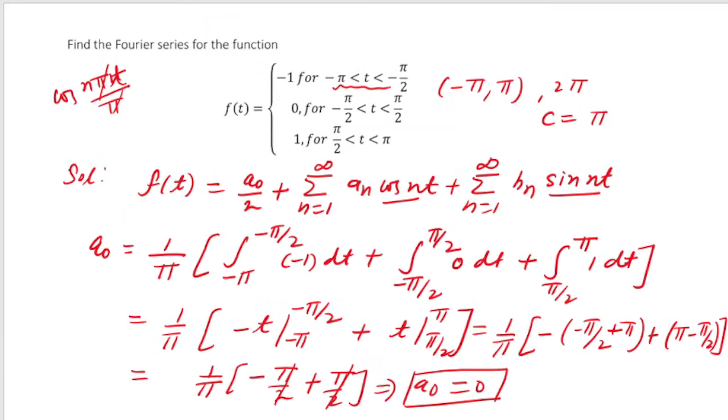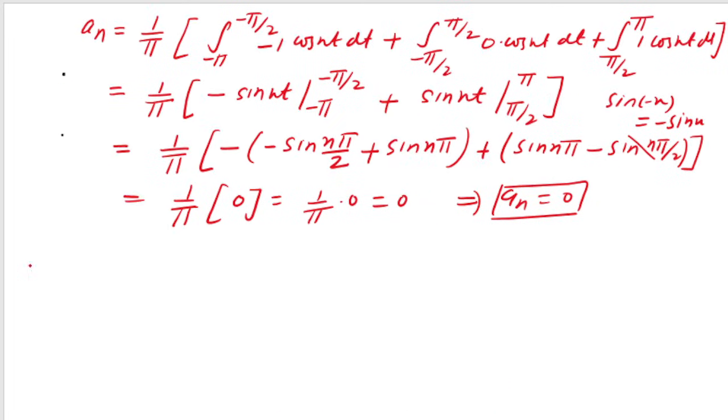Now let us see what I am going to get in case of this bn. So to evaluate bn, we need to again follow the same idea. What is the idea? That bn is equal to 1 by pi, limit of integration minus pi to minus pi by 2, minus 1 into sine nt dt.